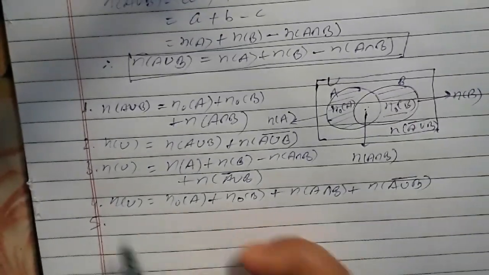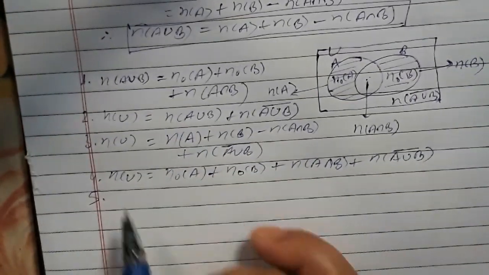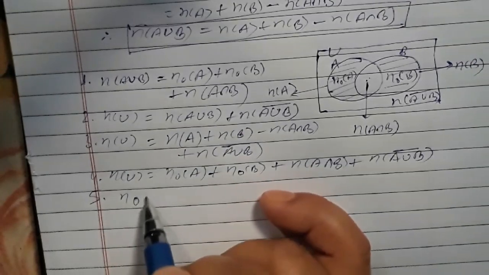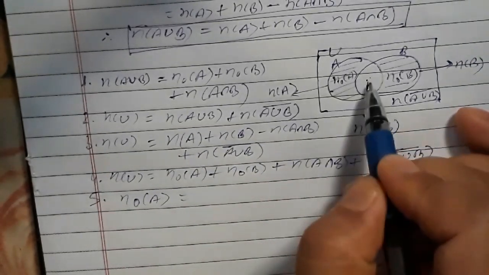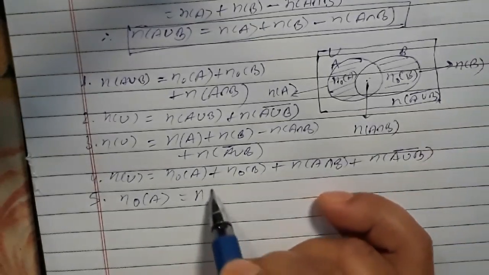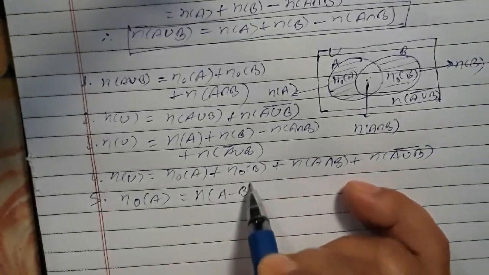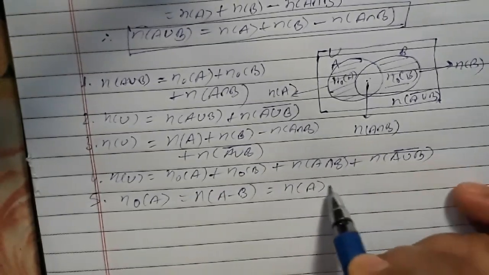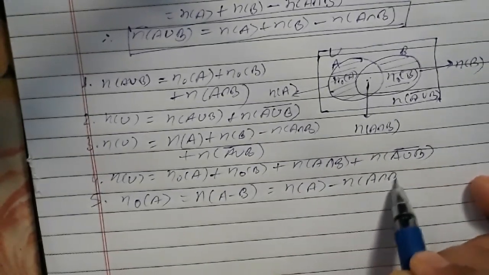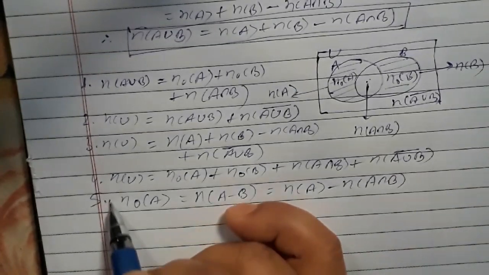And number 5, n of only A. Listen to me: n of only A is also n of A minus B, which is also equal to n of A minus B. So the formula for this is n of A minus n of A intersection B. You can memorize this one.